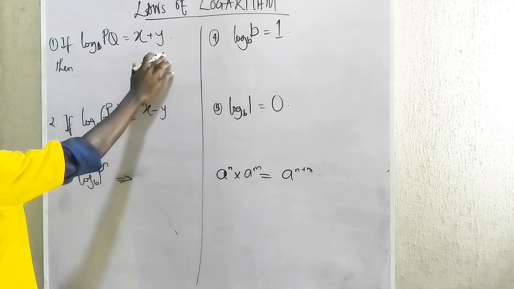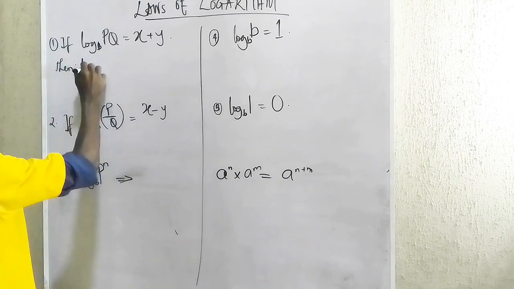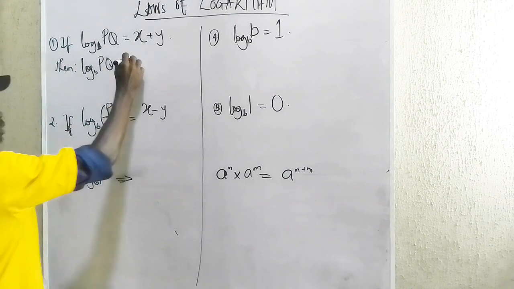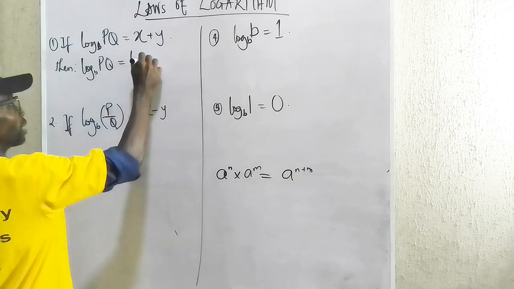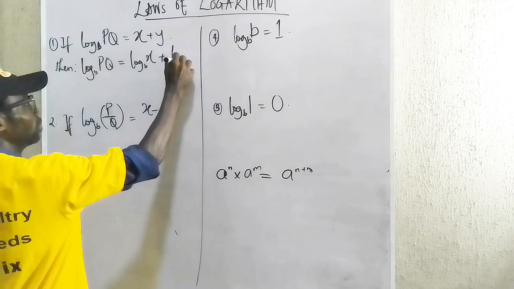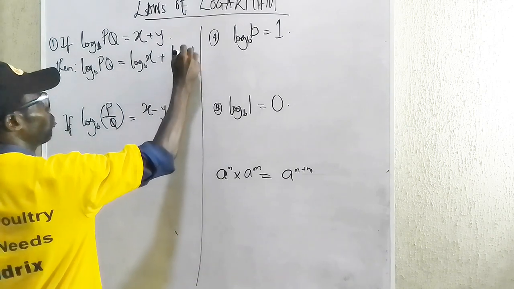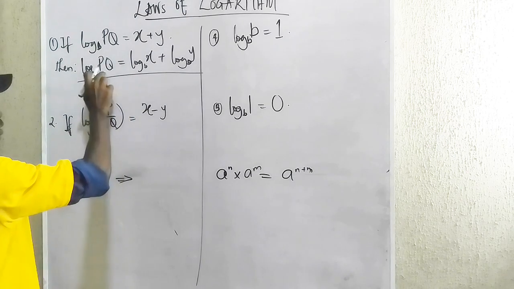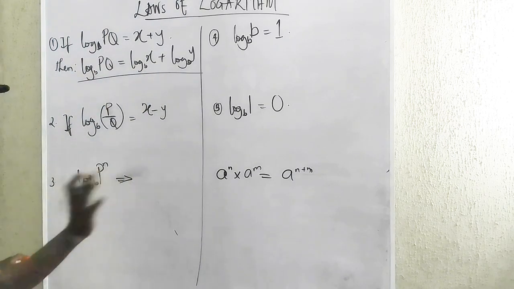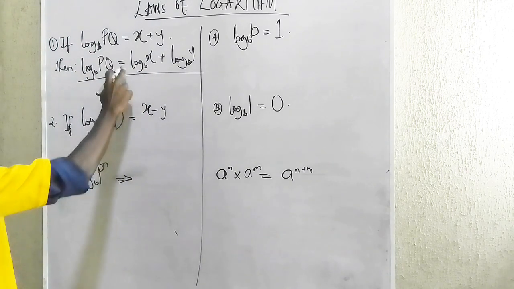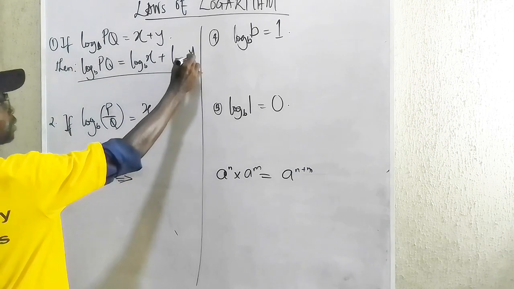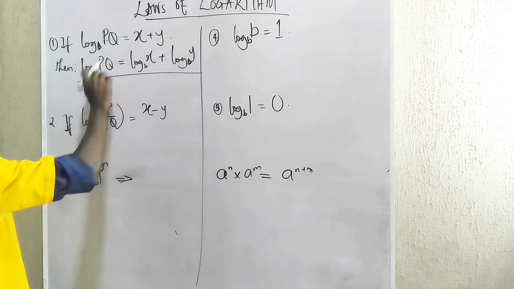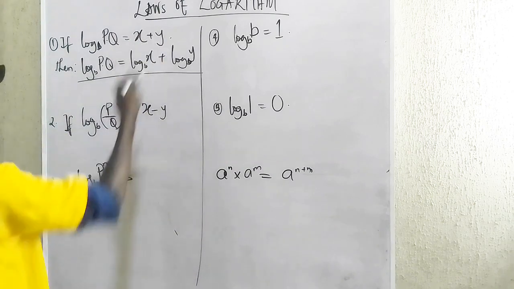By the time we open this up, log in base b of pq is actually going to be the log in base b of x plus the log in base b of y. This eventually means this. By the time you spread it out, this settles it. So log is applied to both sides. This is base b. You have your multiplication sign here. It's no longer multiplication, it's addition.